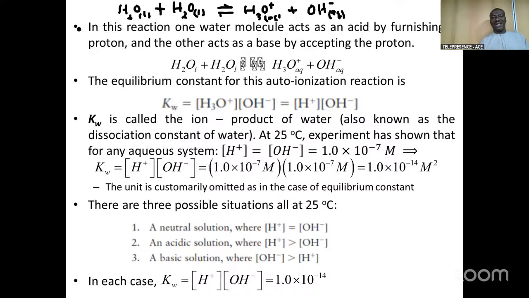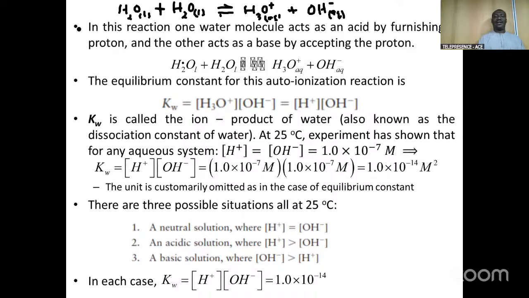So if this is the acid, then this is the corresponding conjugate base. Now this is a base because it's a proton acceptor. If this is accepting a proton, this is the base now, and this will be the conjugate acid. So in the Bronsted definition of acid and base, there will always be the acid, the conjugate acid, the base, and the conjugate base.